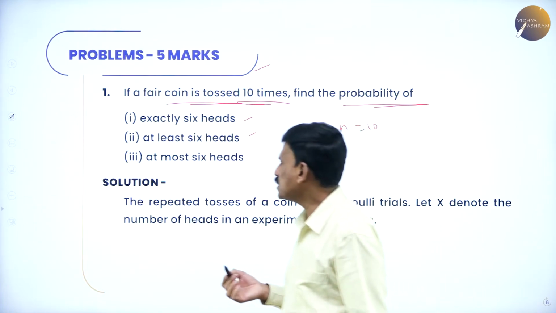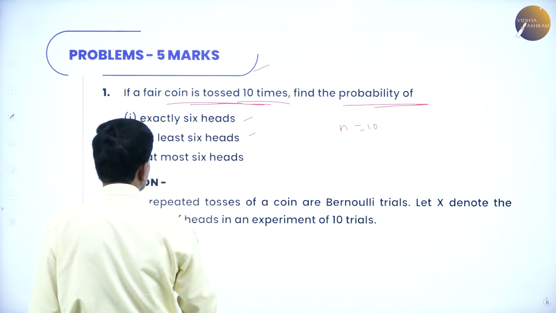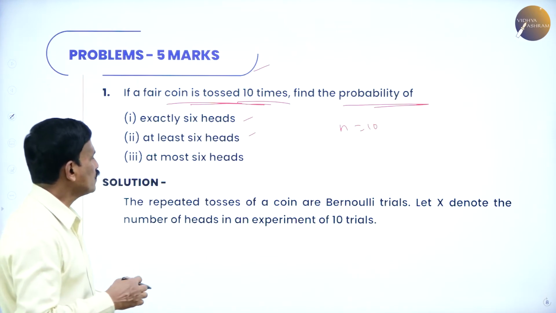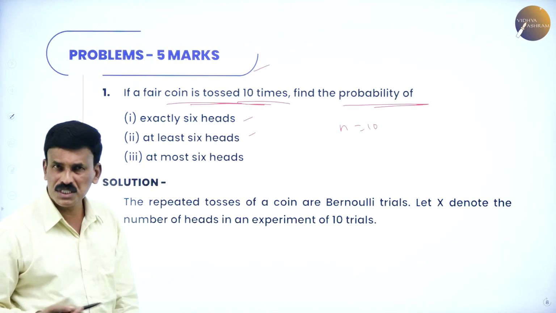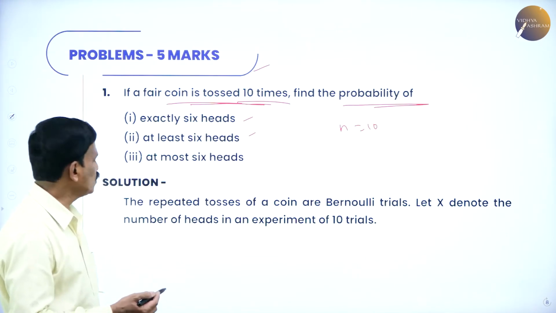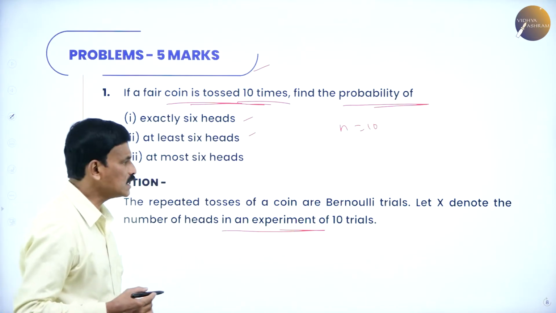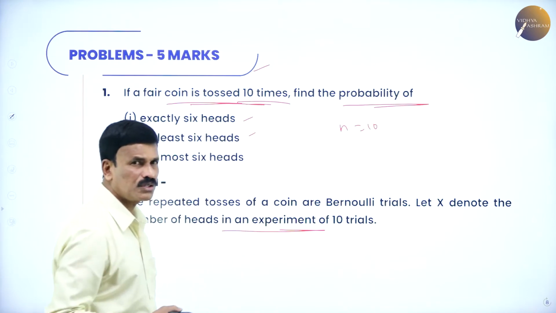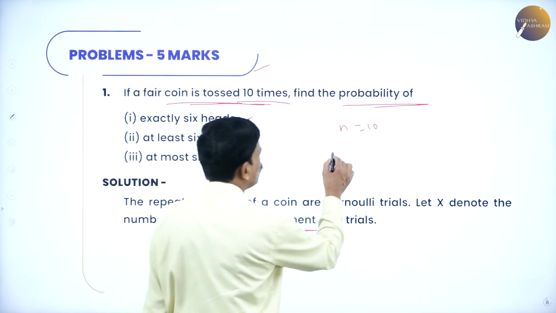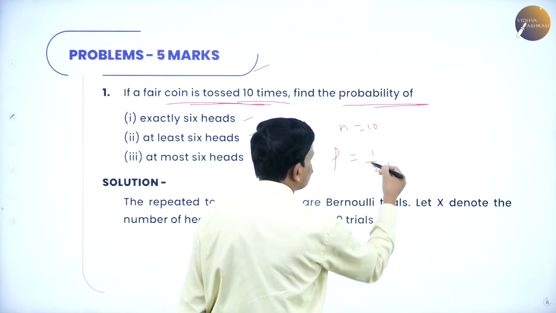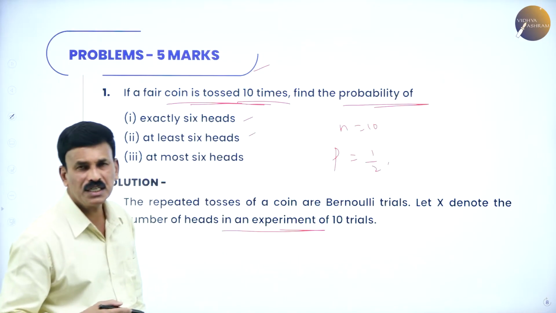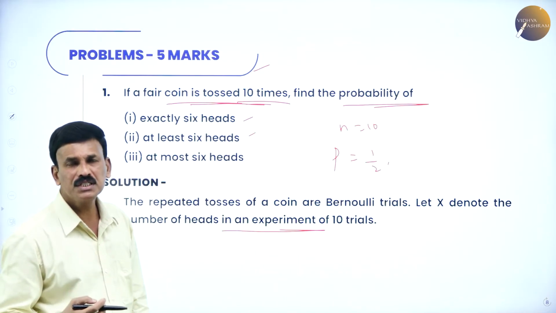Now let us come to the solution. The repeated toss of a coin is called a Bernoulli trial. Hence, X denotes the number of heads in an experiment of 10 trials. Therefore, n is equal to 10 and P is equal to 1 by 2, getting 1 head out of 2 events.